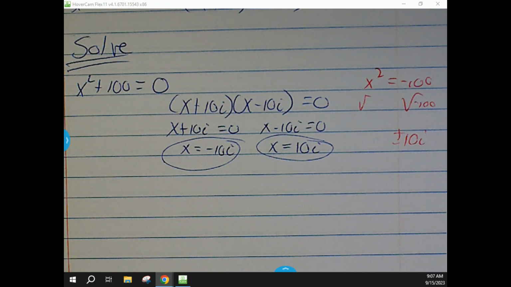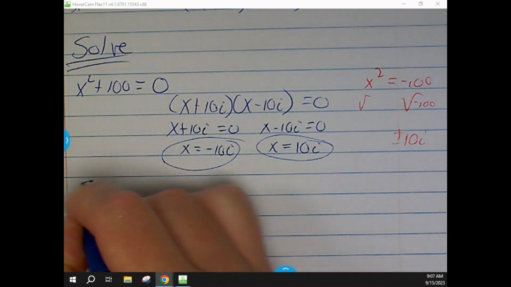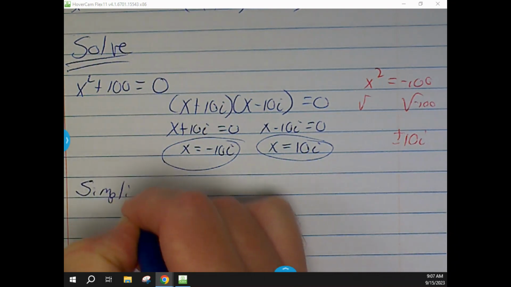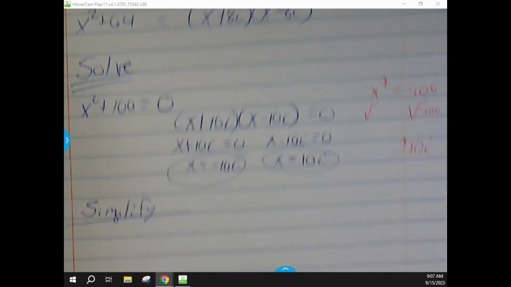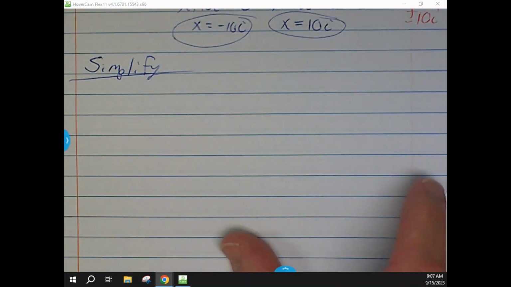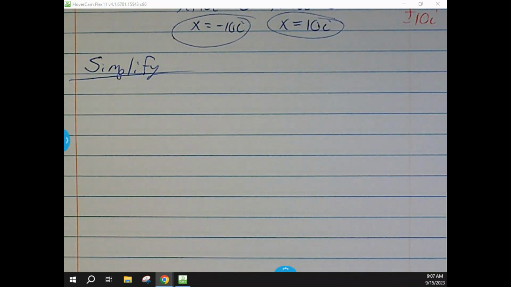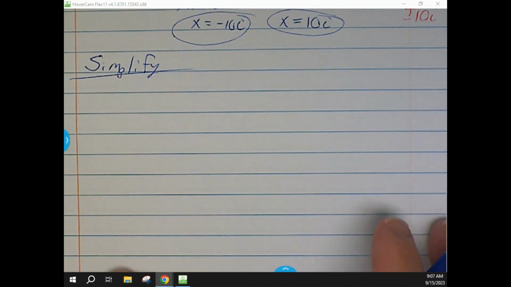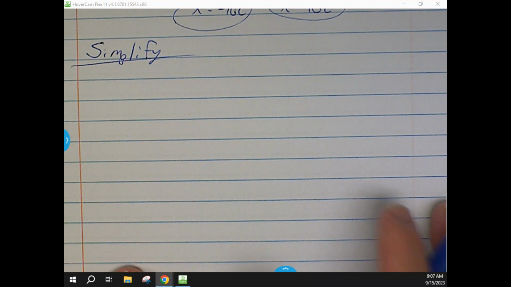Okay, and then the last thing they kind of throw at you is where they're going to ask you to simplify. And they give you numbers that are imaginary, but it's just not quite written that way.